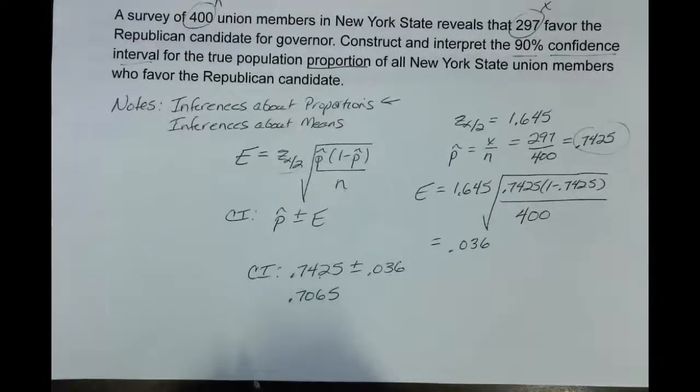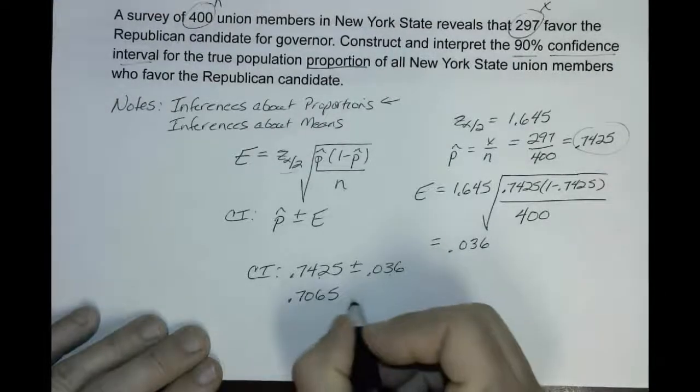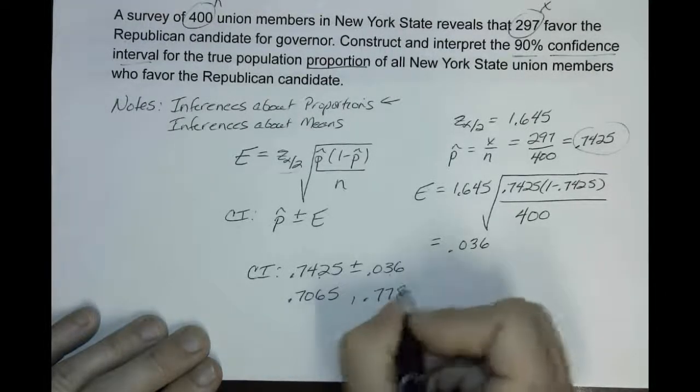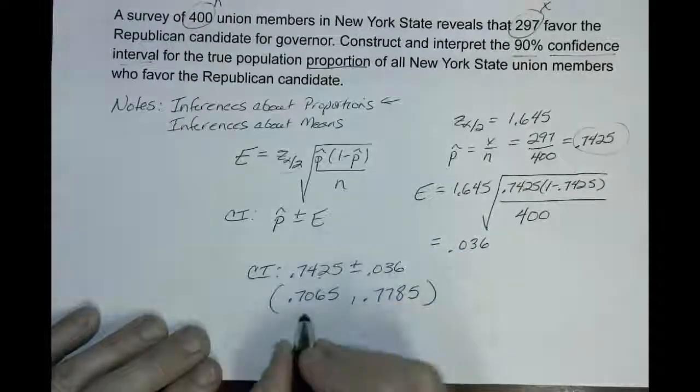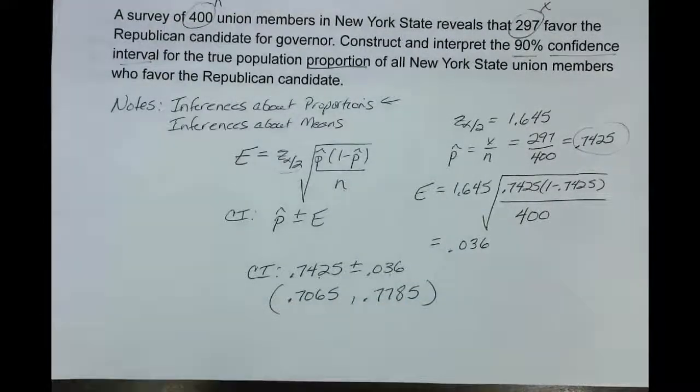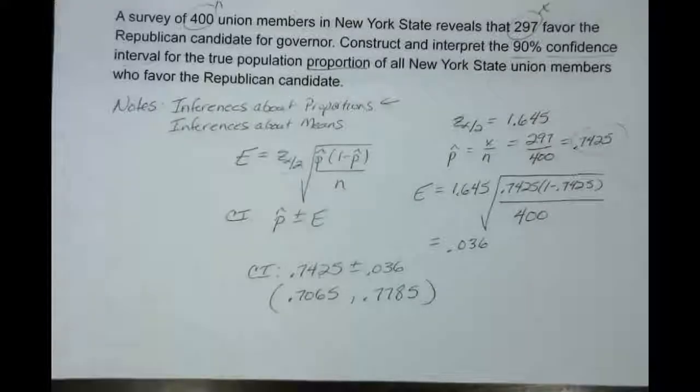And to get my upper limit, I take the 0.7425 plus the margin of error. So there's my lower limit and my upper limit. So there's my confidence interval.